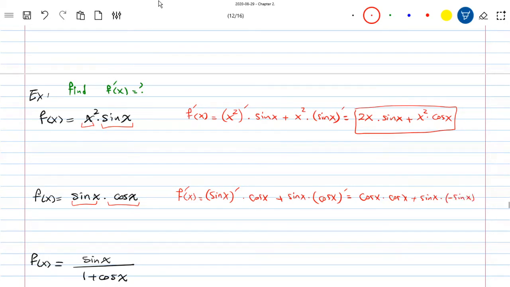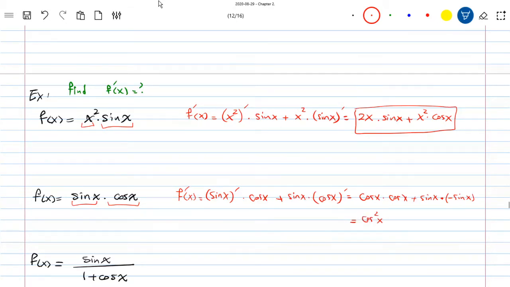If there is a negative sign, always use parentheses because there is a multiplication. You have to be careful. So what you get is cosine x times cosine x is cosine squared x. It's not x squared. Do not multiply the x's. Cosine x squared. You can write it this way. But normally they write it as cosine squared x.